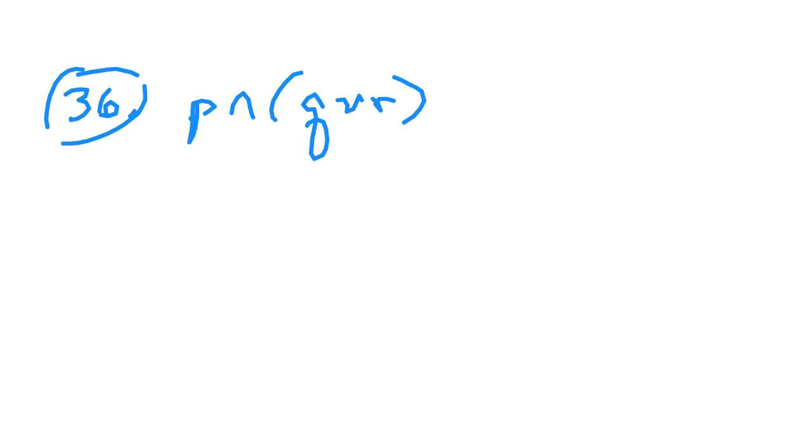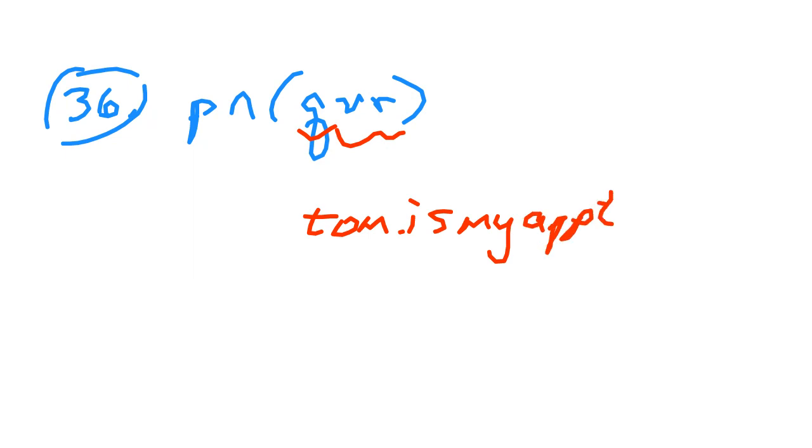Okay, so I'm going to put in red what I'm going to do first. I got to do that first, and it gives the statements. P is today is Monday, Q is tomorrow is my appointment, and R is tomorrow is a busy day. So I'm going to abbreviate a little bit, but Q or R is going to be tomorrow is my appointment, and once again I'm abbreviating here, and then or, because that's what I have here.